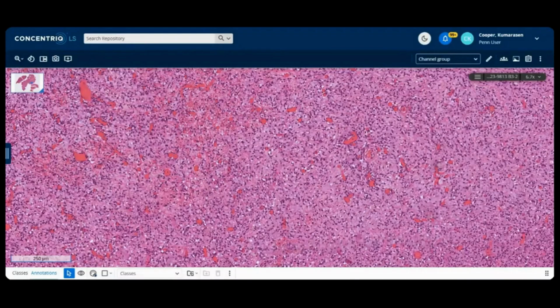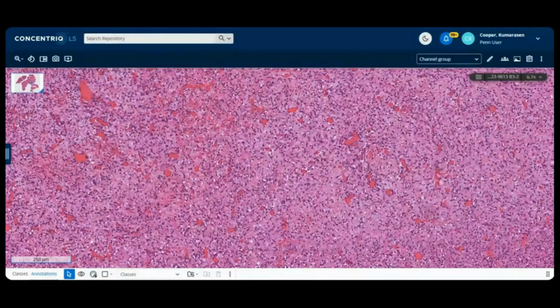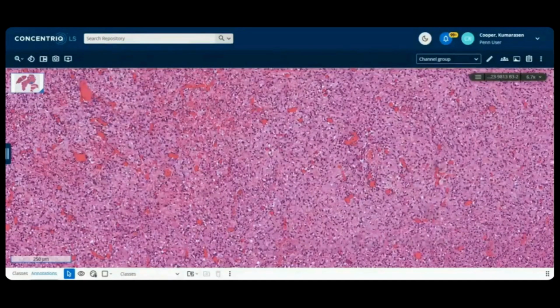I think NTRK3 is the most common one for these tumors. There's NTRK1 and 2, and then 3. Remember the ETV6-NTRK3 fusion. That's the seminal one that you'd all remember from secretory carcinoma of the breast, secretory carcinoma of the salivary gland, and then of course mesoblastic nephroma and so on, right?